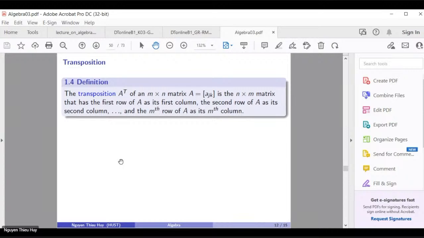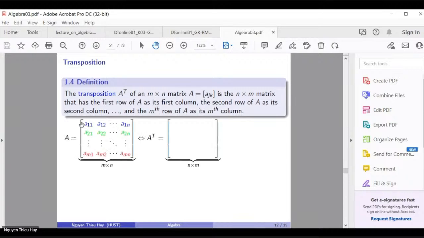So let's draw a picture. Here you have A. I color the rows so that you can recognize them easily. The first row is blue, the second row is green, the last row is red. It has m rows and n columns. And AT is constructed as follows.